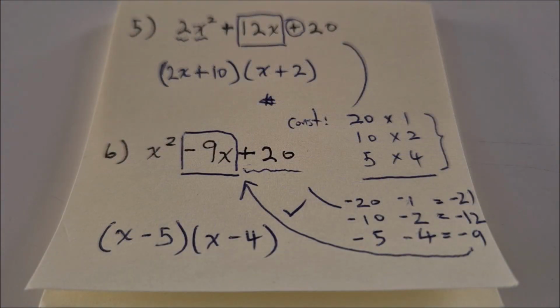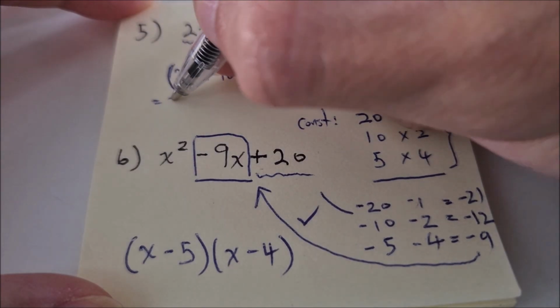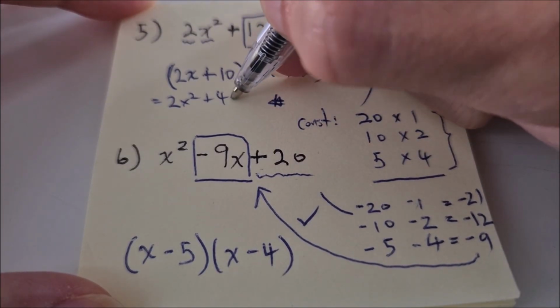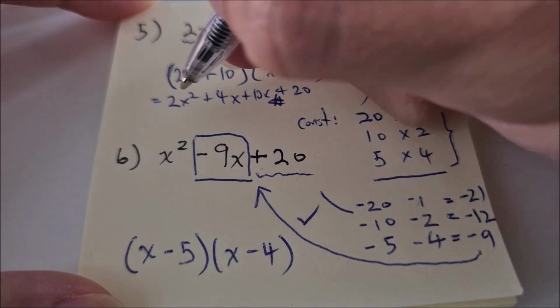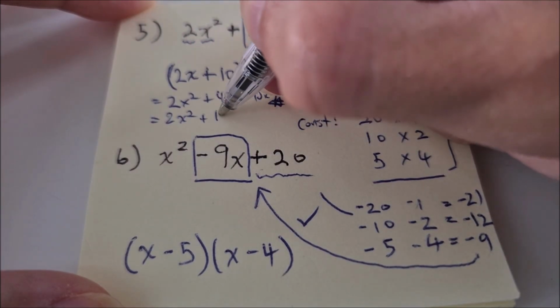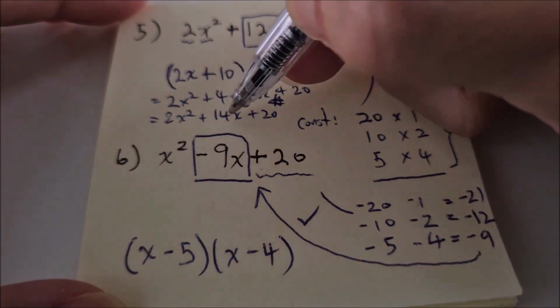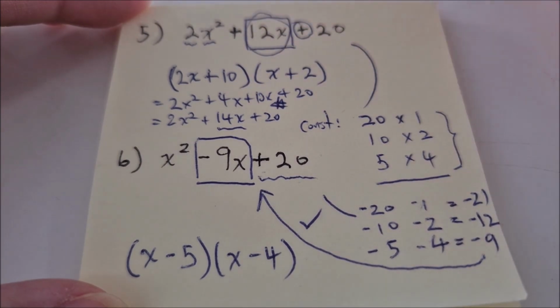Oh yeah, for number 5, I realized that my answer is actually incorrect, because we can check by expanding. 2x squared plus 4x plus 10x plus 20, and then that's 2x squared plus 14x plus 20, and this 14x does not match with this 12x, so that's wrong.